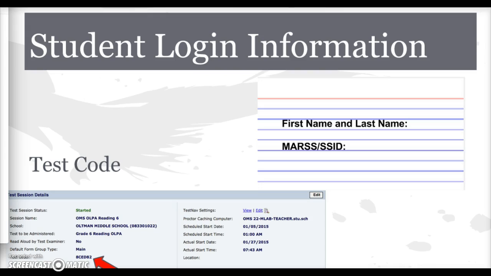Please be sure to confirm that accurate information is entered into the computer when students are logging in. As a proctor, you must verify students sitting at the computers are in fact the correct student that is on the test interface.